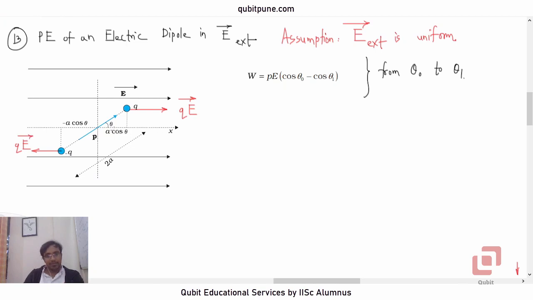Correct? So these two forces will actually act on this, and because the electric field is constant, the force will also be constant, and this will cause this dipole to rotate clockwise. Can you visualize this rotation about the center? Got that?